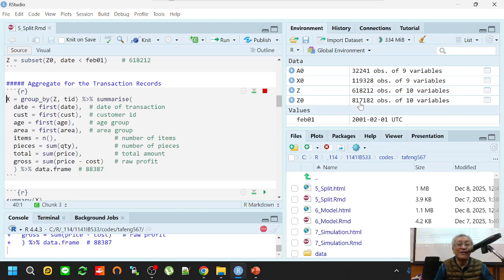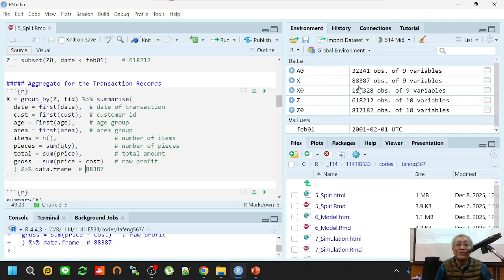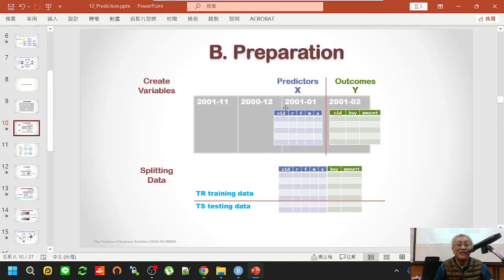But actually, this time we are aggregating from Z, so we only have about 618,000 items, okay? And as you can see, you will aggregate into 88,000 transactions, and that is the aggregation for the first 3 months, okay?